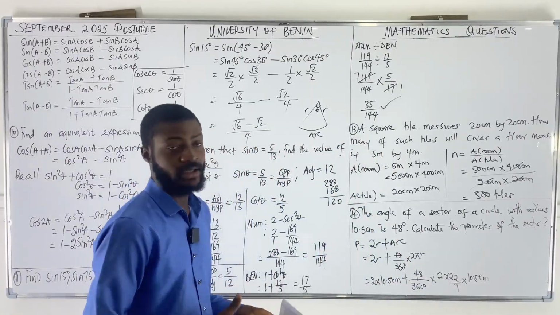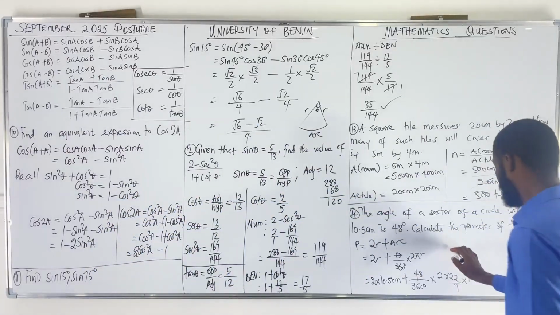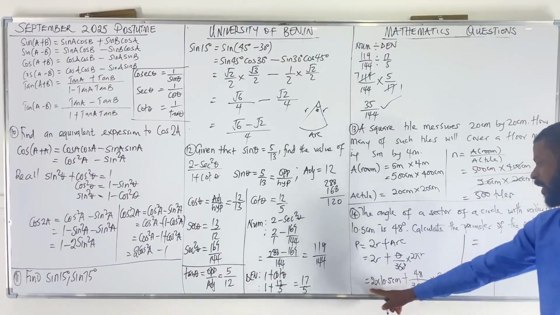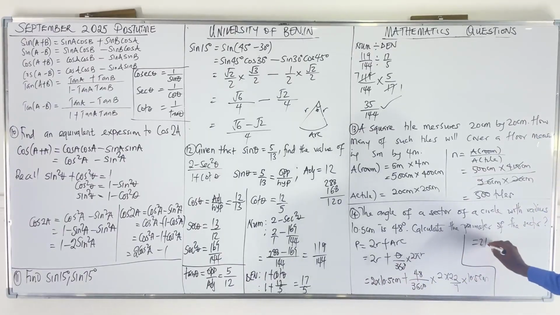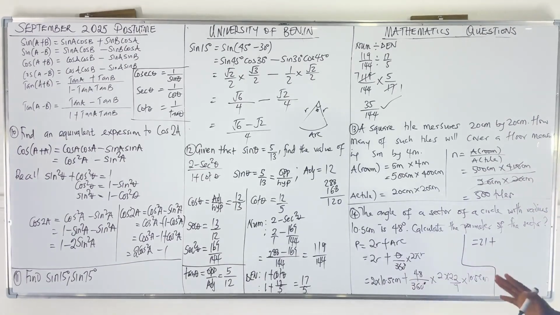Now in the exam, there will be calculators obviously, but if you can do this without calculator, no problem. So first of all, 2 times 10.5 is 21. So this is 21 plus, okay, so here's what I want to do. This 10.5 here is the same thing as 21 over 2.